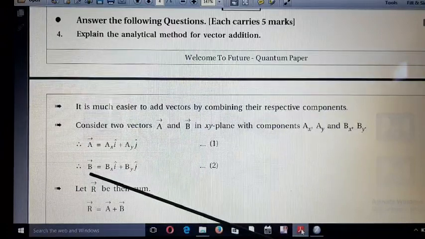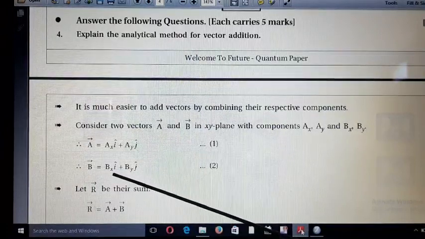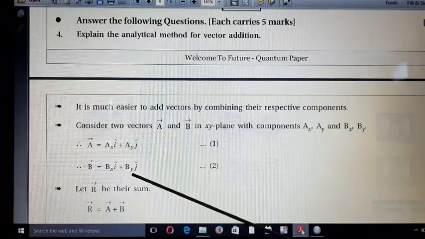In the same way, vector B is equal to bx i caret plus by j caret.